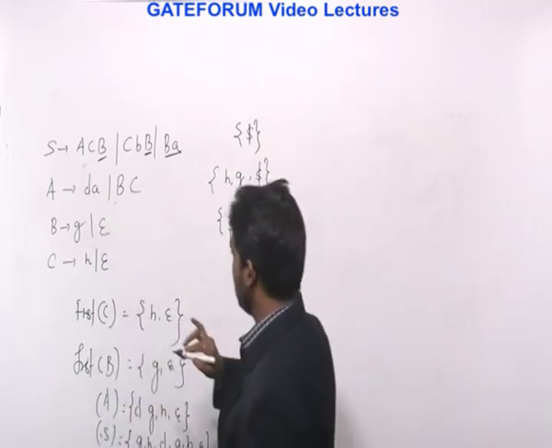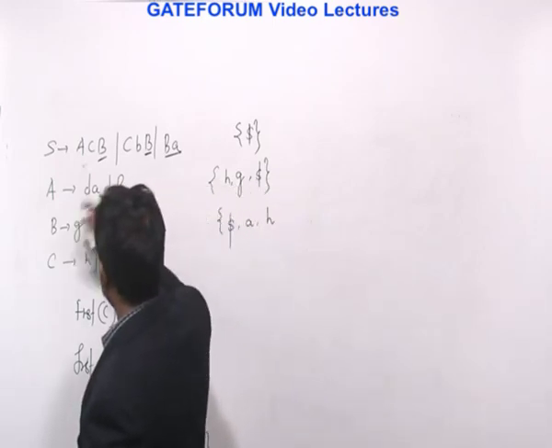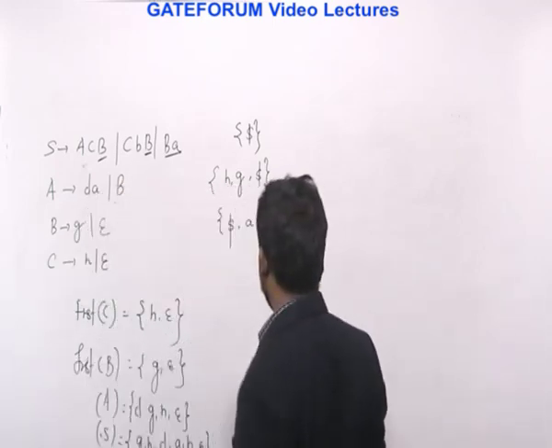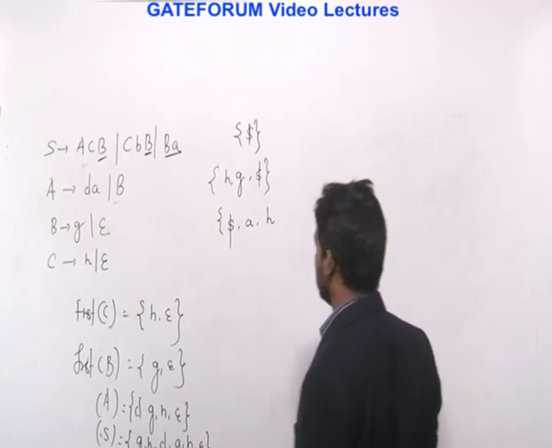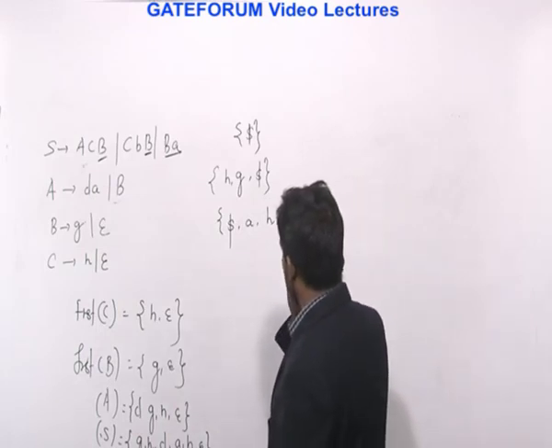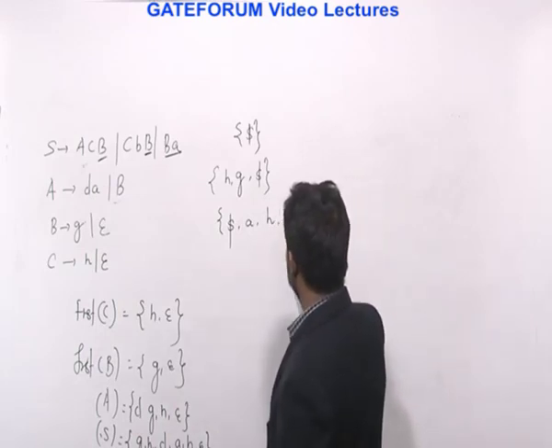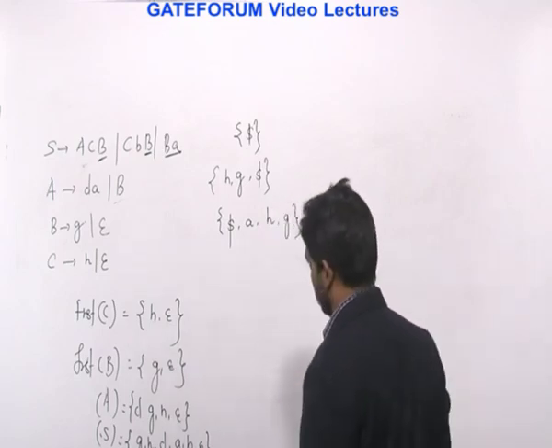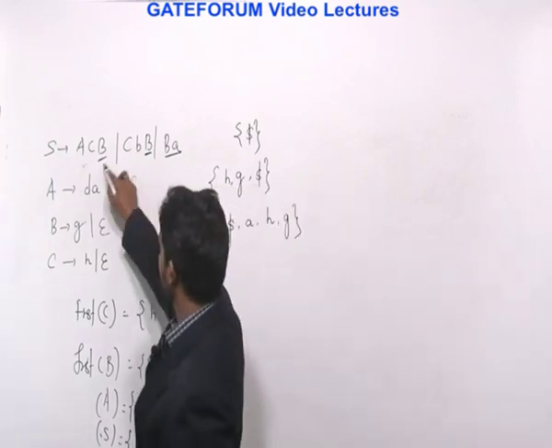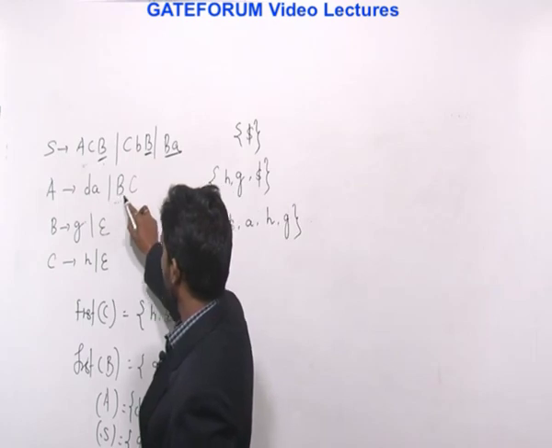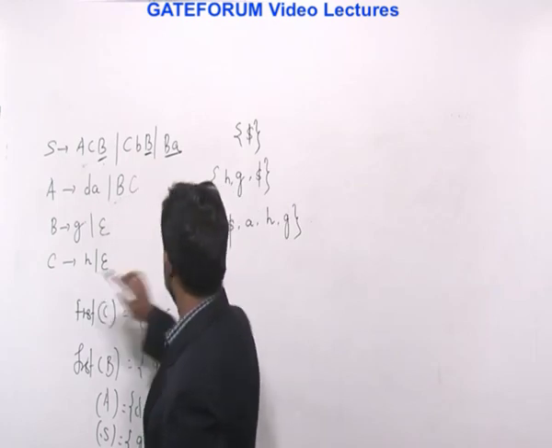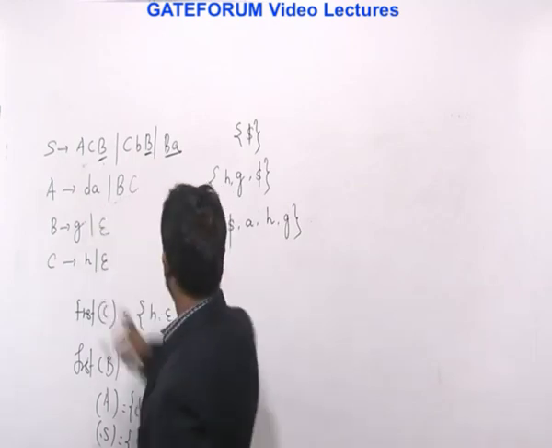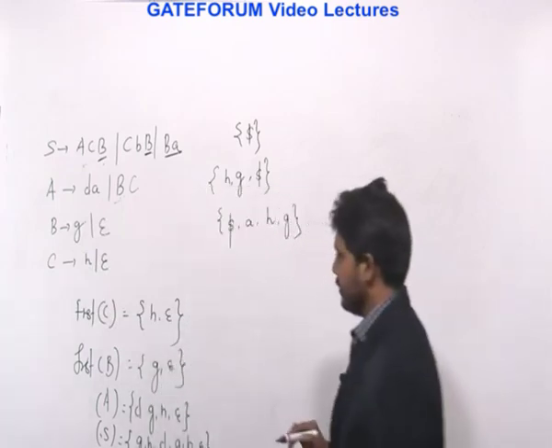H. If it is epsilon, then it becomes the last symbol, then follow of A. I already included dollar and H. What is not included is G, so let's include G also. So these two cases, dollar, this is A. Follow of B is first of C, which is H. If it is epsilon, then follow of A. The only thing not included here is follow of C.